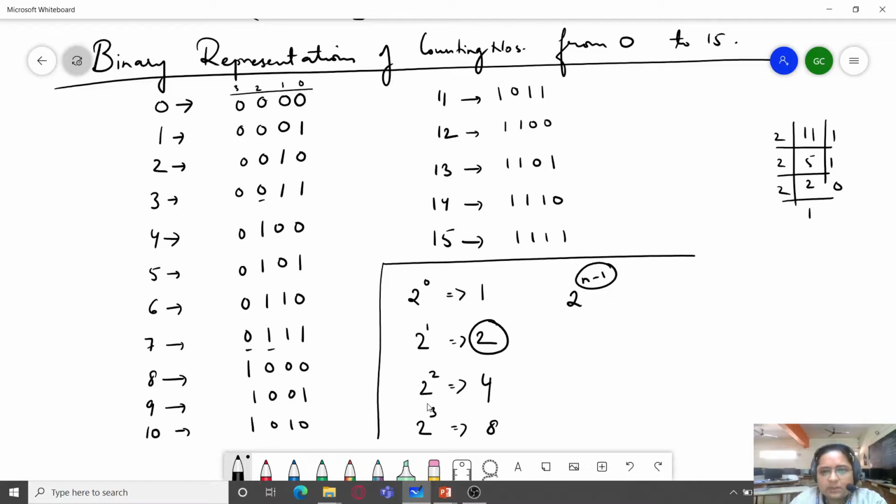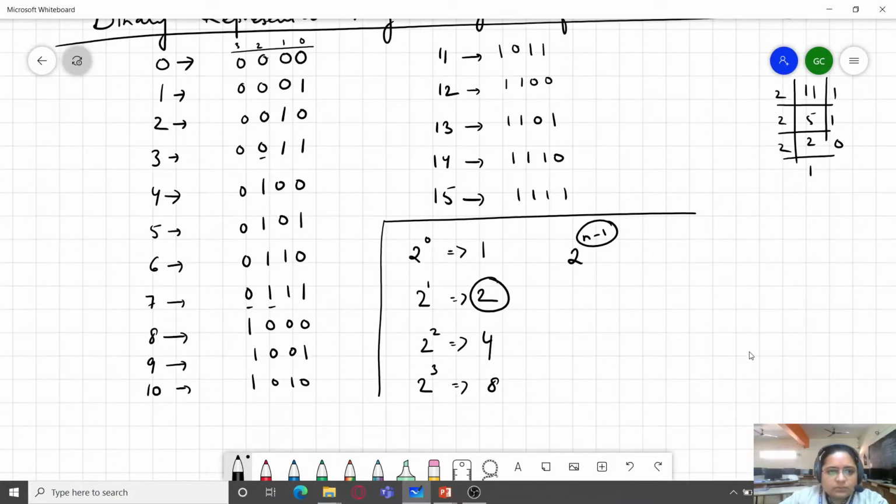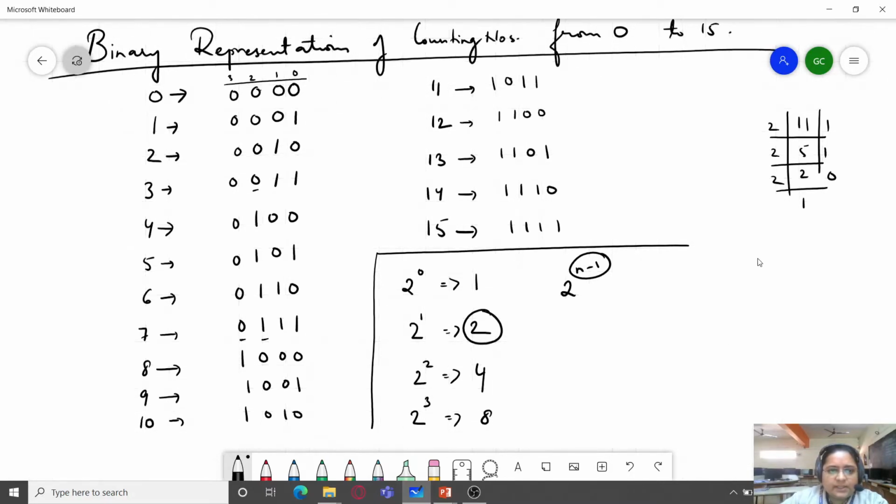After 15, it will be 16, which will have 5 bits. So again, we can increase the bits there. The bits would change after every 16 bits. So you can see that every decimal number has a binary equivalent, right?